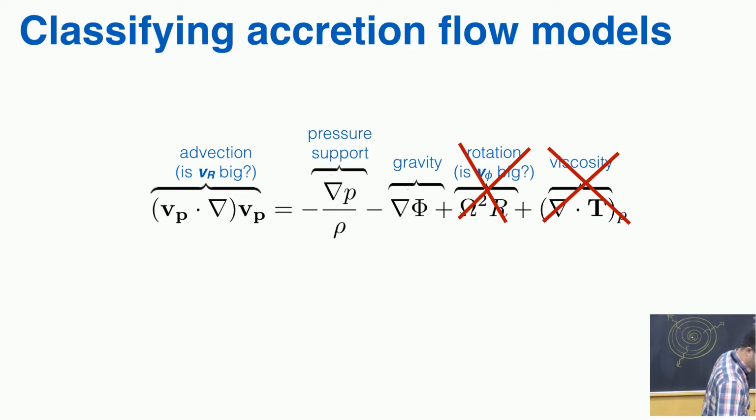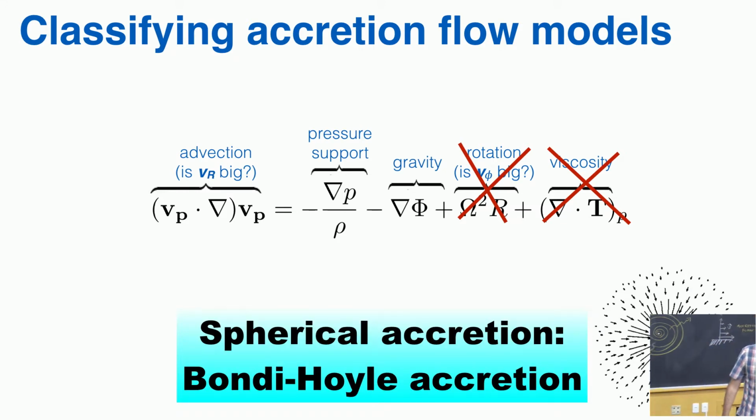So the only thing that is important here is advection. So there is a very important radial velocity in your flow. Pressure is also important, and gravity is also important, as is always the case in astrophysical accretion disks. In this case, you will have the solution called the Bondi-Hoyle accretion, which is just a spherically symmetric accretion of gas onto a central object.